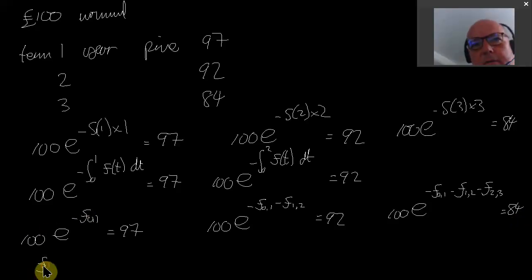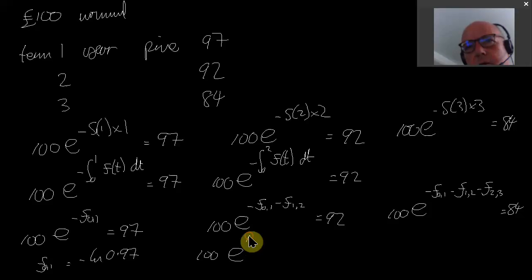So f 0,1 is equal to minus log of 97 over 100, so minus log 0.97. Okay, so I then put that in there: 100 e to the log 0.97 times e to the minus f 1,2 equals 92.